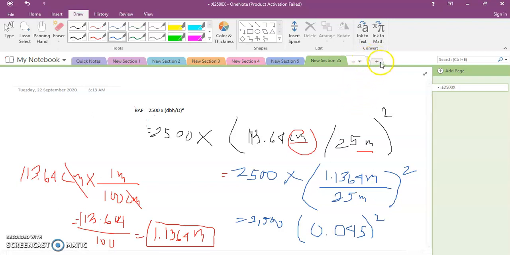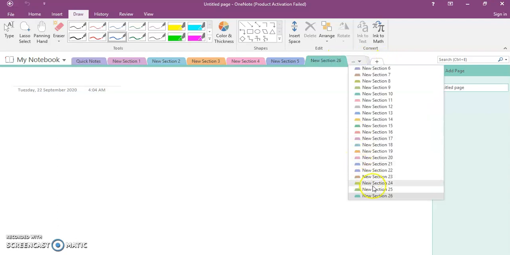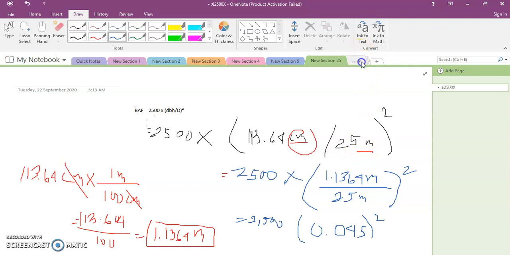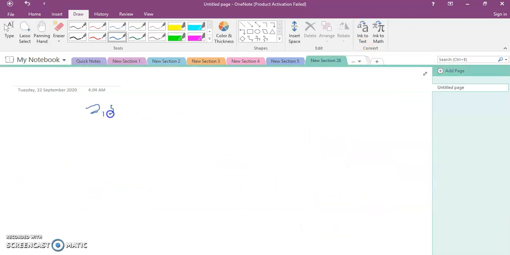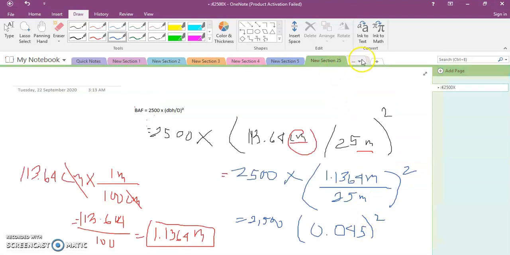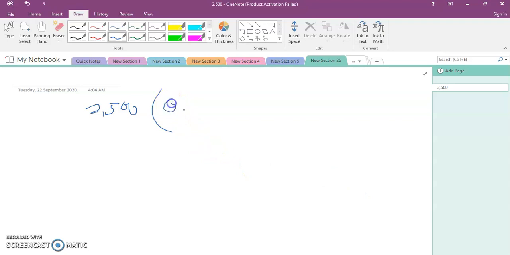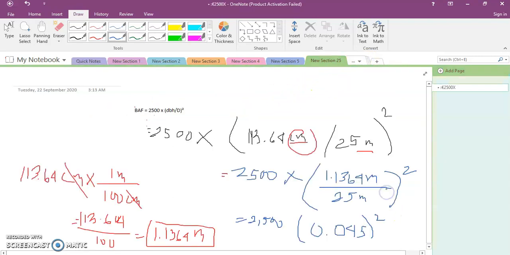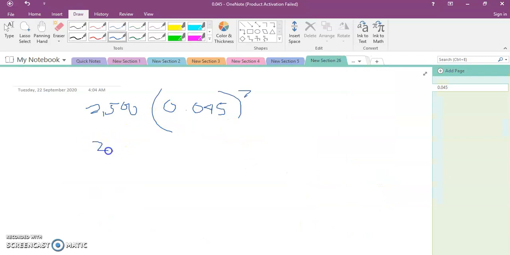So we have 2,500 times 0.045 squared. 0.045 squared is 0.002025.